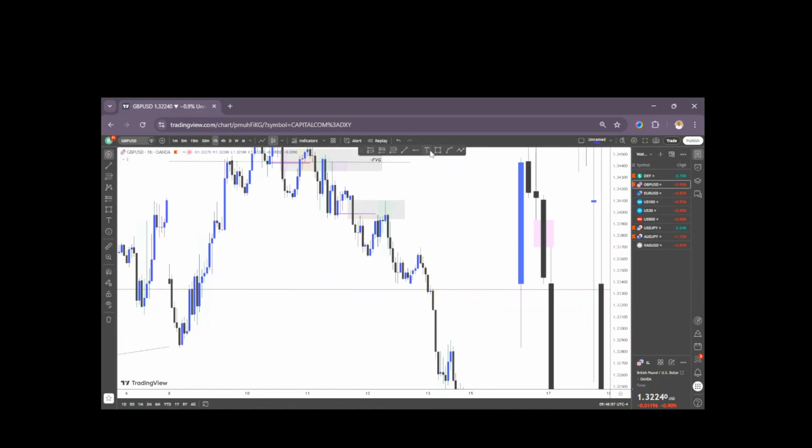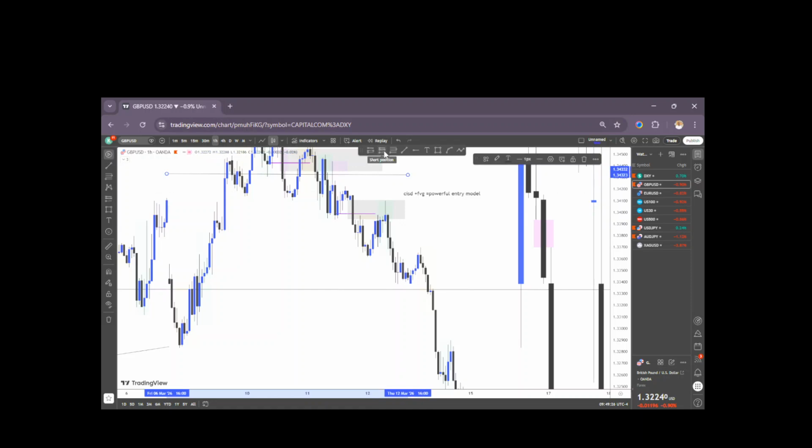So I want to tell you guys that, remember, a CISD plus an FVG becomes a very powerful entry model, because price will always come to fill an imbalance. And as you can see in this example, price came, filled the imbalance, and melted down.